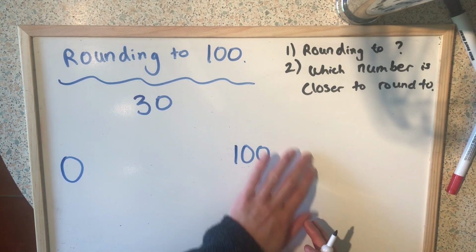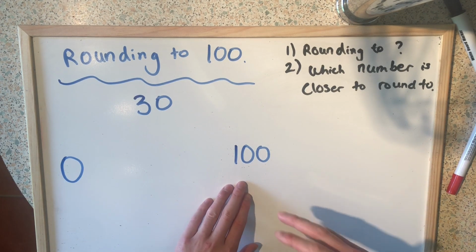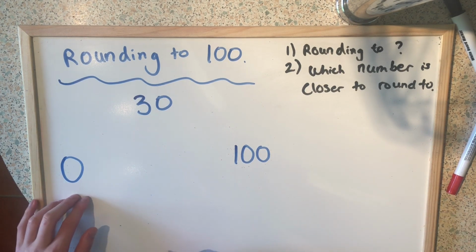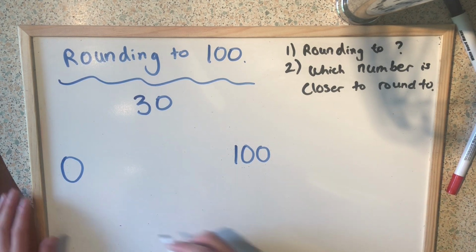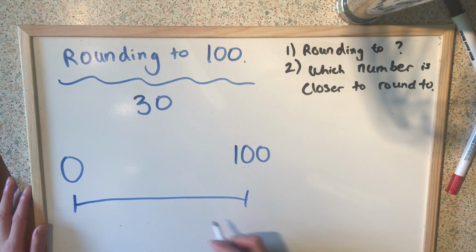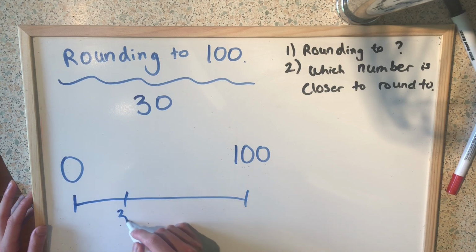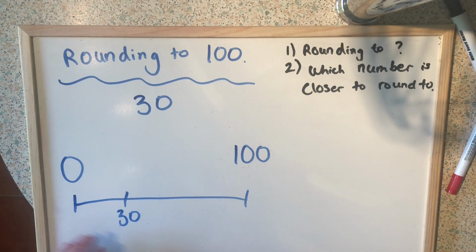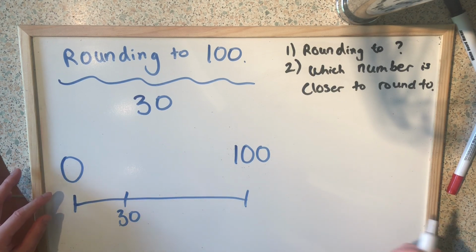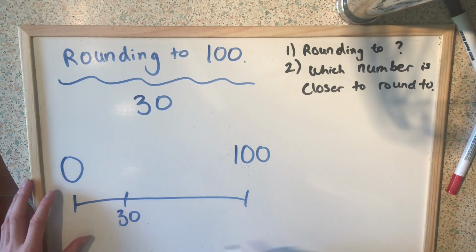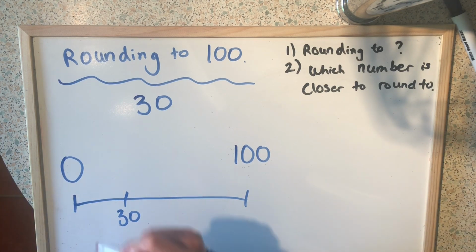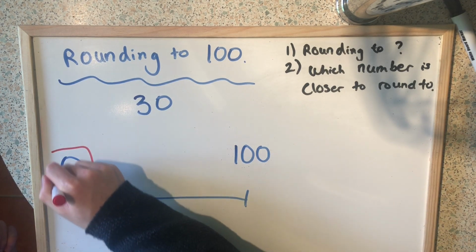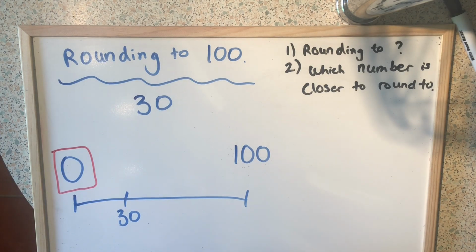So this 100 is actually just 100, and this 0 is just 0 hundreds. So if we have our number line like that, then 30 will be about there. So 30, if we round it to the nearest 100, well, 0 is also a multiple of 100, but there's just 0 hundreds there. So we say 30 will round to 0, because it's closer to 0 than it is to 100.